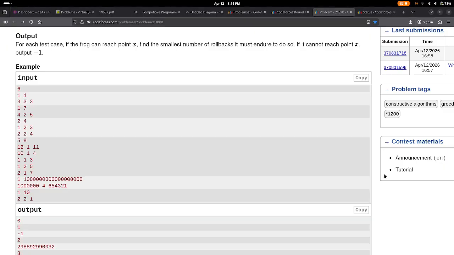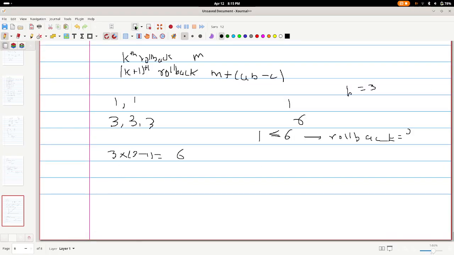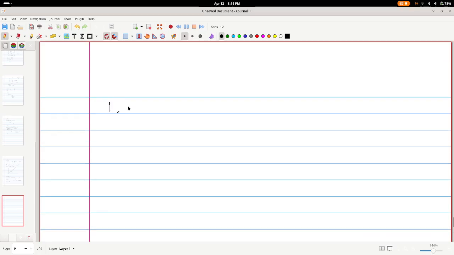Now let's consider the situation when n is equal to 1, 4 to 5. What are the free jumps before the first rollback? What is the coordinate which I can reach? The answer will be 4 into 2 minus 1.